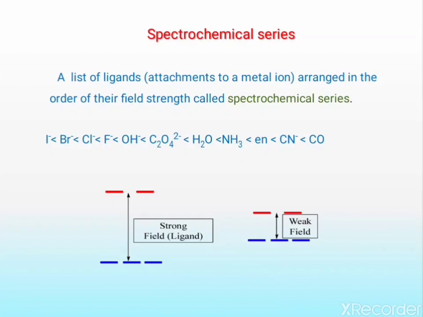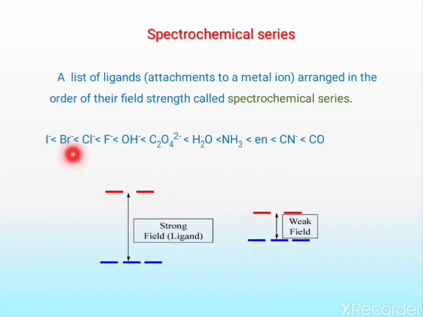The spectrochemical series is a list of ligands that are arranged in the order of their field strength, or arranged in the increasing order of their del value. That is what we call the spectrochemical series.